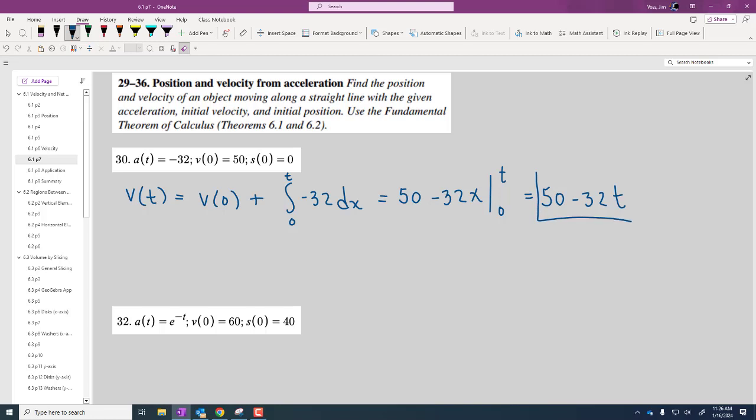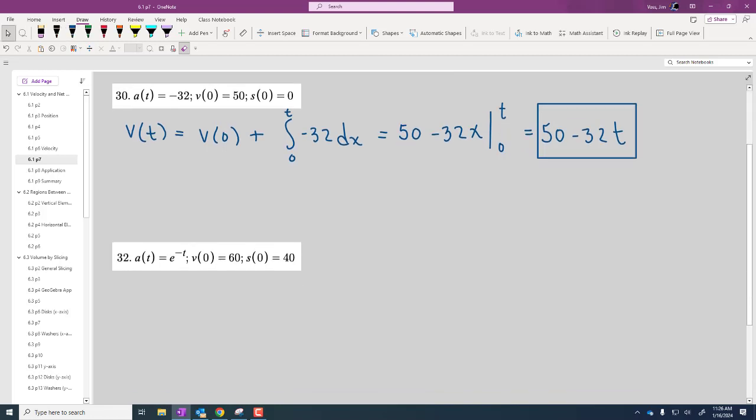Now they want us to then go again all the way back. So we're starting at acceleration. It takes 2 steps to get back to position. So then the future position, or the position at time t, well, it will be wherever the starting point is, the initial position, plus the displacement, which is the net change in position. So that's going to be the integral from 0 to t of our velocity.